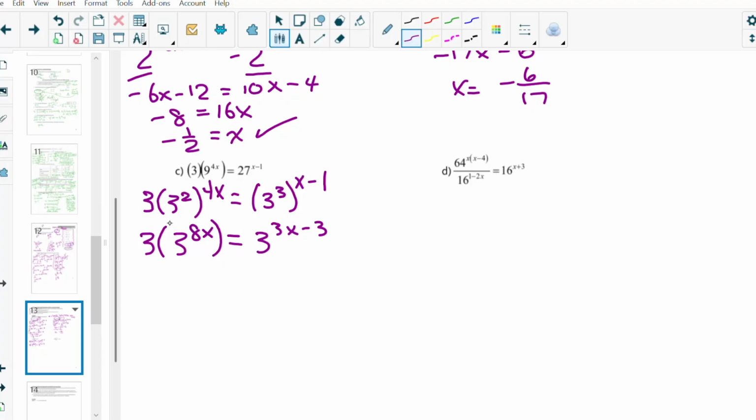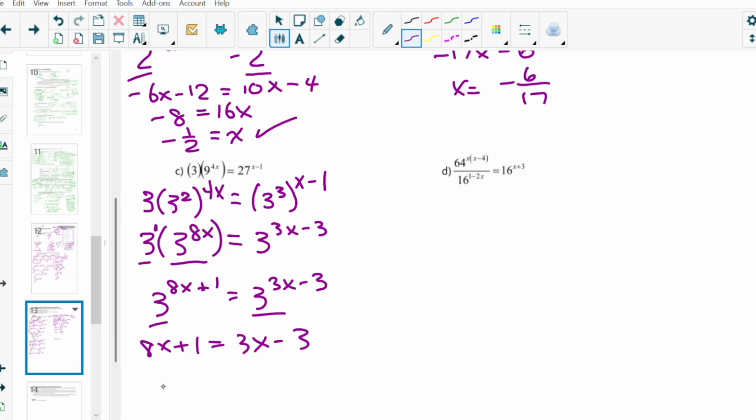Okay, this is like 3 to the first, right? So when we multiply powers with the same base, keep the same base, add the exponents, 8x plus 1. Okay, don't make the mistake of saying this is 8x, right? It's 8x plus 1. We add the exponents. Same base, set the exponents equal to each other, solve for x.